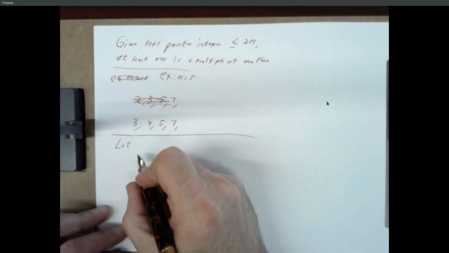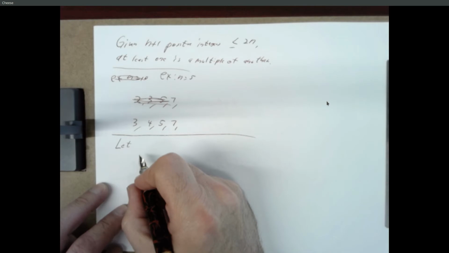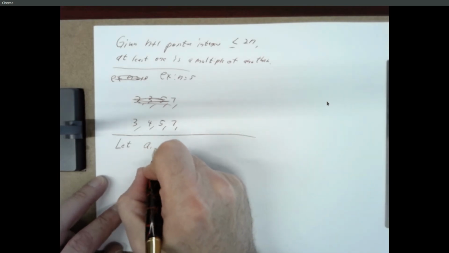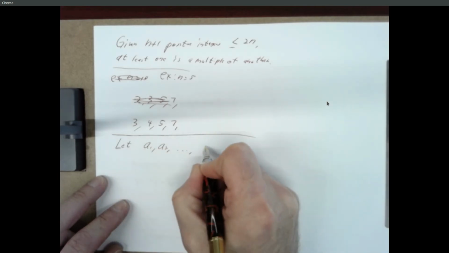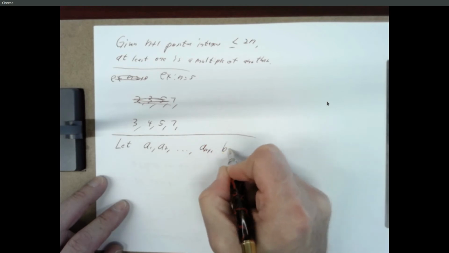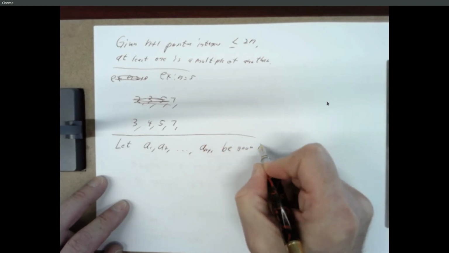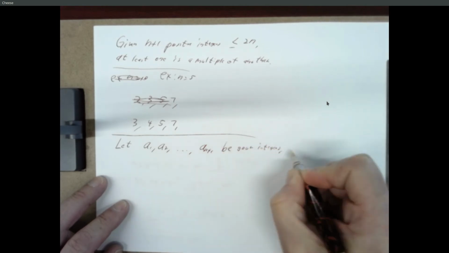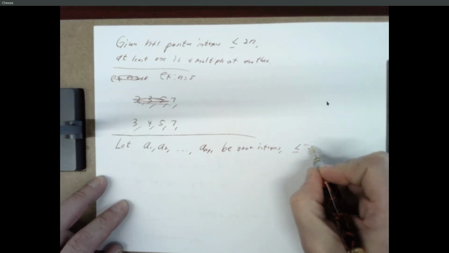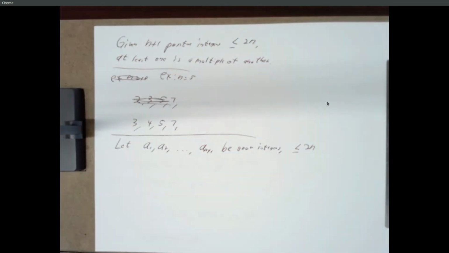So let a1, a2, all the way up to a_{n+1} be your integers. And they're all positive integers, and they're less than or equal to 2 times n. So factor out the largest power of 2 you can from each one.